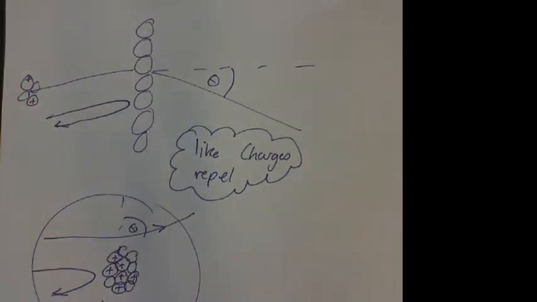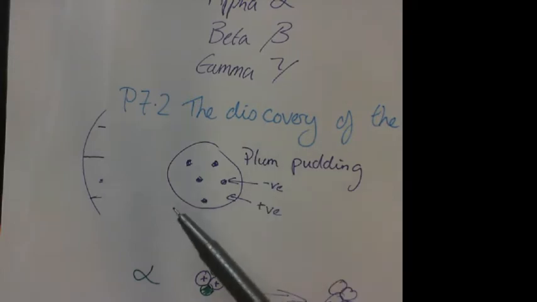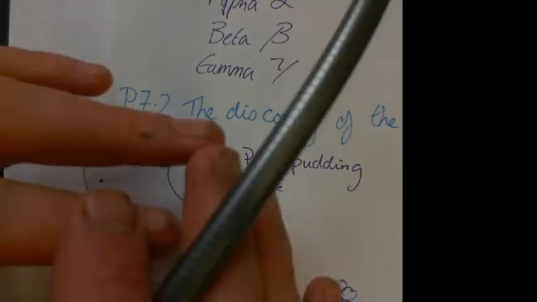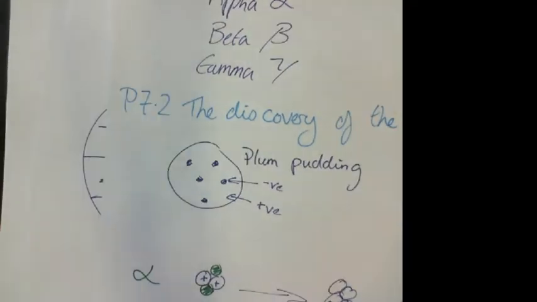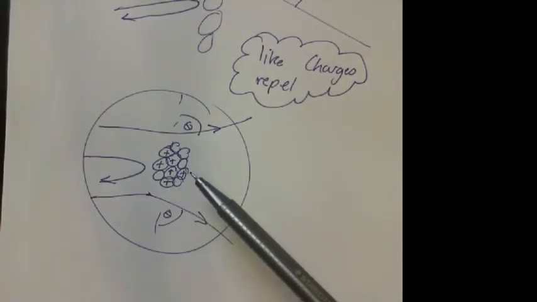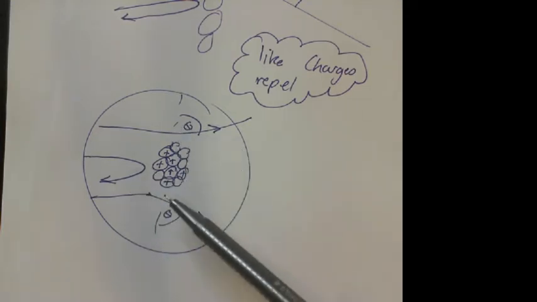Now he had a problem here. If the Plum pudding model was correct, then that positive charge is too spread out, it's too thin. It wouldn't be concentrated enough in one place to be able to repel or deflect these alpha particles.